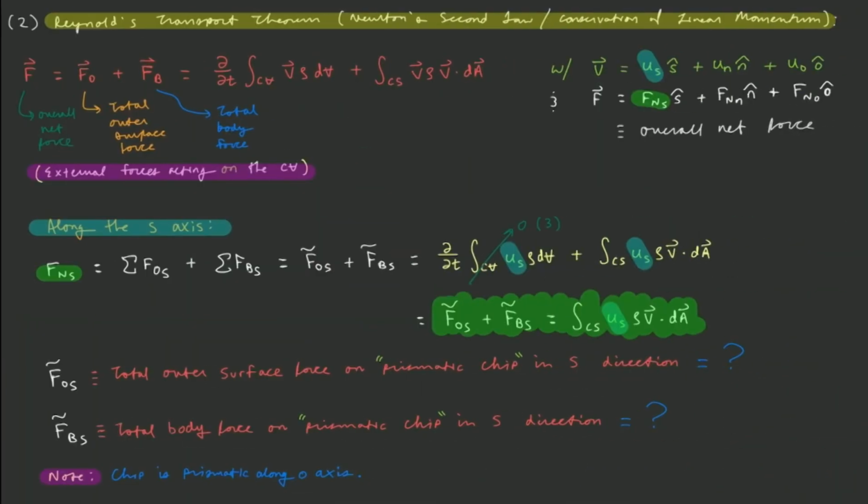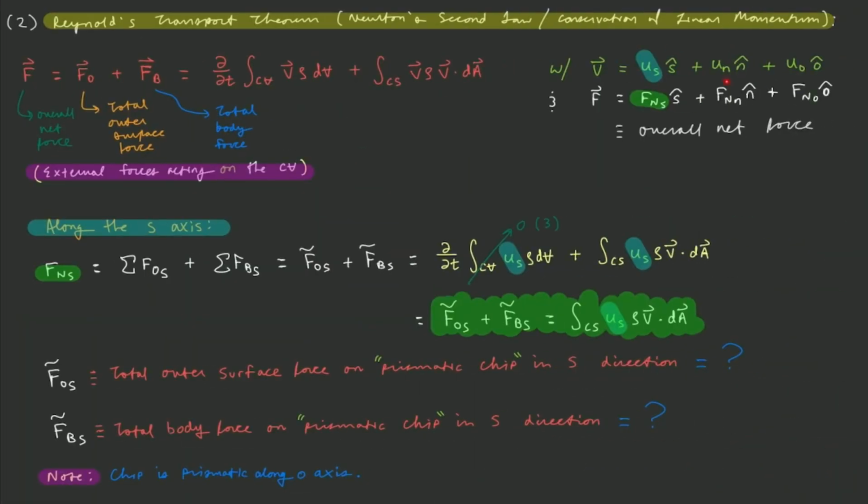In the same way, our net force on the control volume will have an S component, an N component, and an O component. We just have this subscript N to denote that it is a component of the net force. It's worth mentioning that this F is the external net force on the control volume. We're not looking at internal forces, only the net external force.